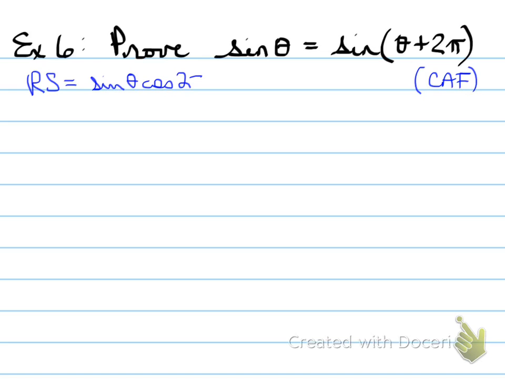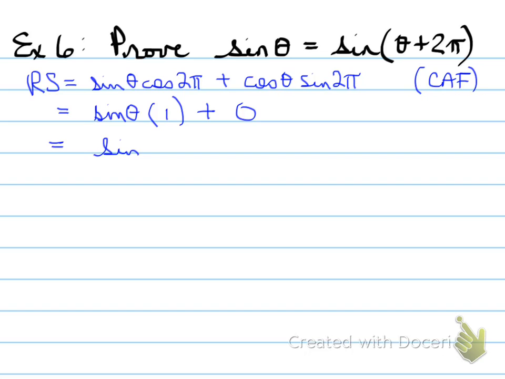So the CAF rule is going to be sine theta times cos 2 pi plus cos theta sine 2 pi. Well, cosine of 2 pi is going to be 1, and sine 2 pi is going to be 0. And this is what we get. And what does that result in? Well, that equals sine theta.